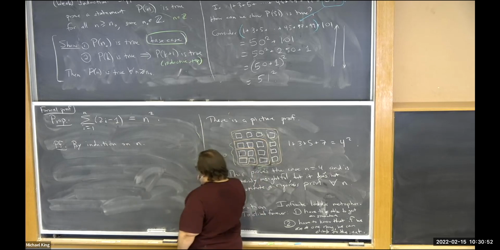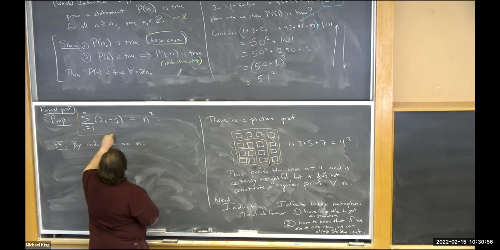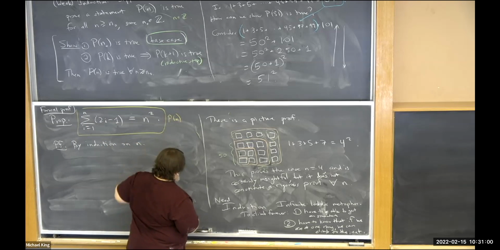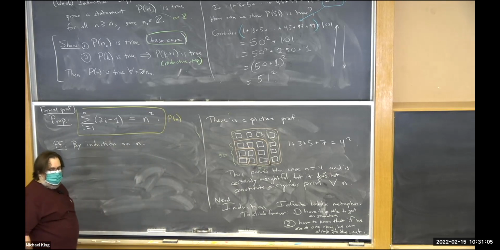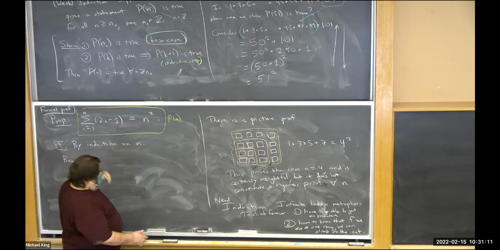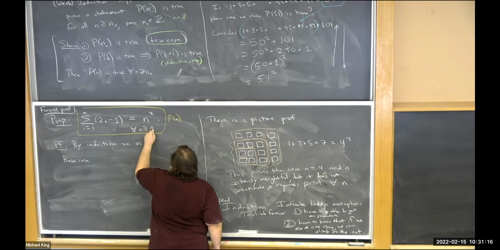Also, let's just actually call this P of n. Sometimes I don't refer to the P of n explicitly. Sometimes I just say it's true for n equals 1, and then if it's true for n equals k, it's true for n equals k plus 1. So base case. By the way, I should say this is true for all n greater than or equal to 1.